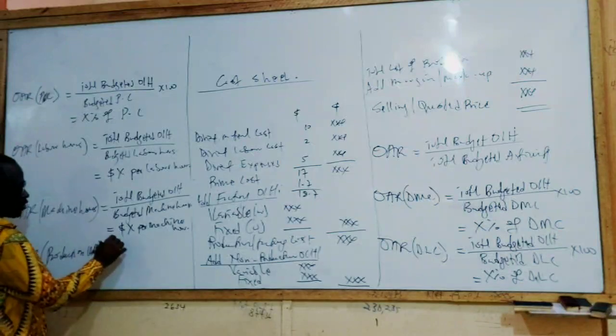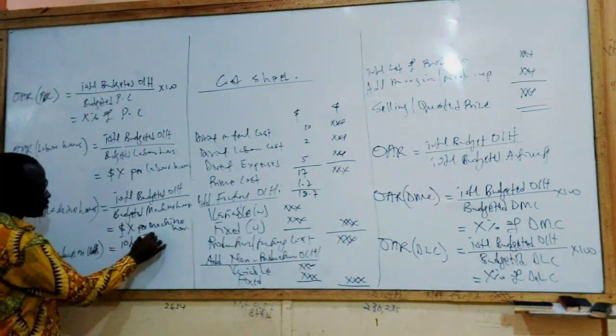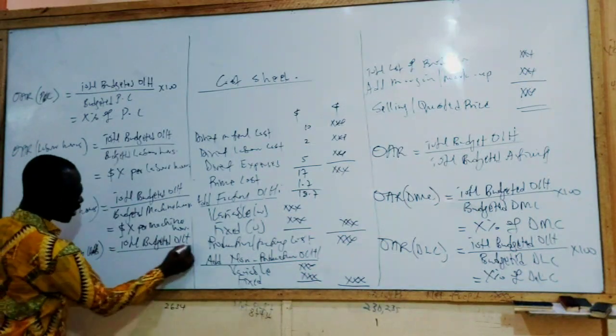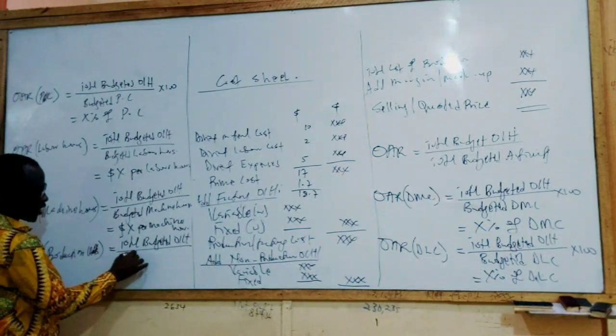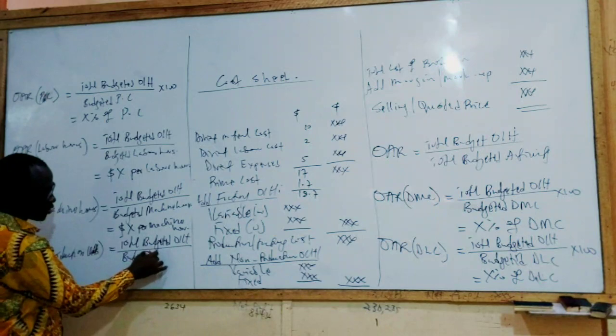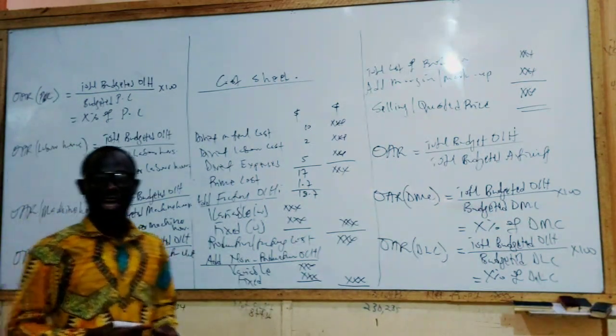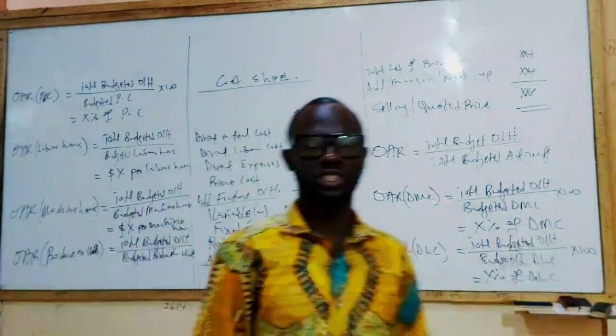Production units. So this is going to be the total budgeted overheads divided by the budgeted production units.